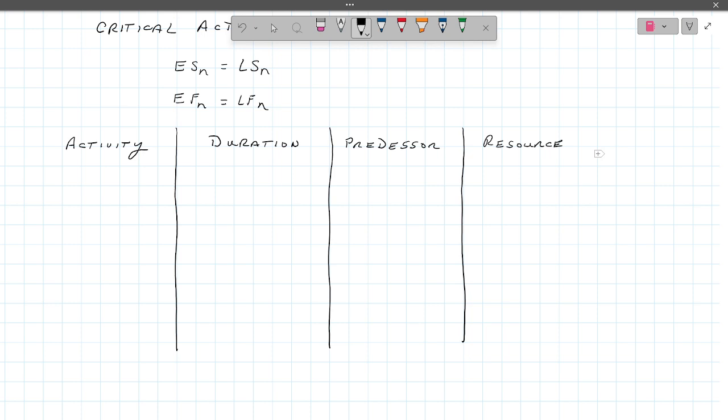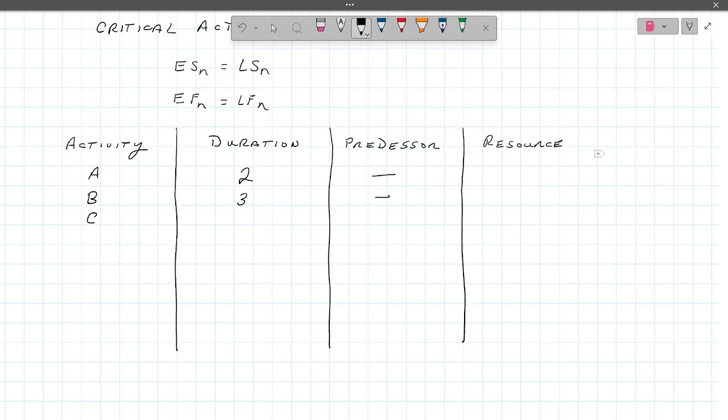All right, so I got activity A. That's going to take 2 days, and there are no predecessors. A is your beginning, or one of the beginnings. B is going to take 3 days for duration, and it's also in the beginning.